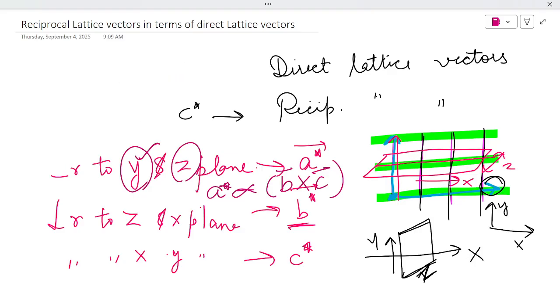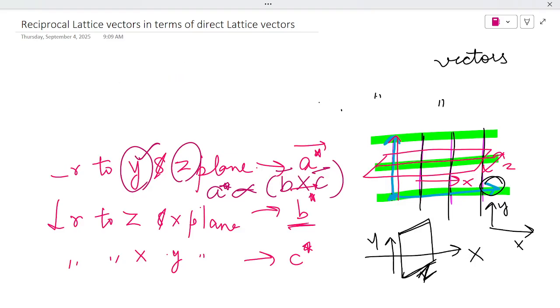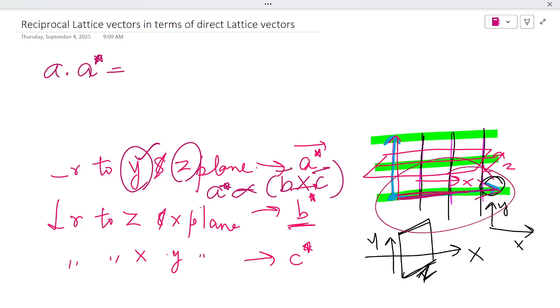Similarly, talking about the dot product, we know that I dot I is 1. So if we say A dot A star, it should be equal to 1. But in our case, because we have marked this point on this perpendicular at a length multiple of 2 pi, so A vector dot A star vector should be equal to 2 pi.